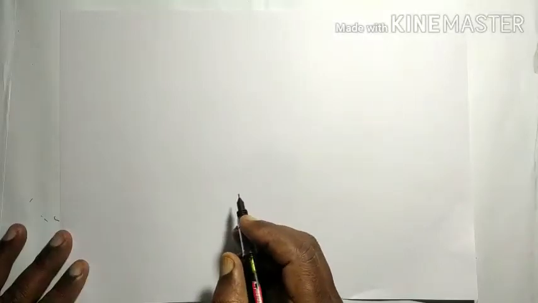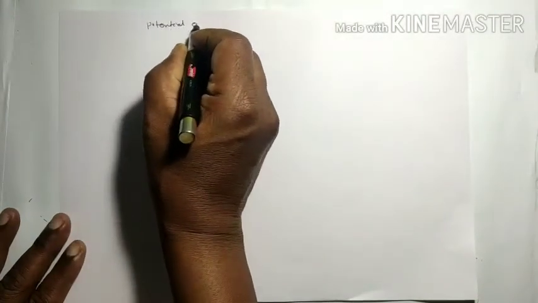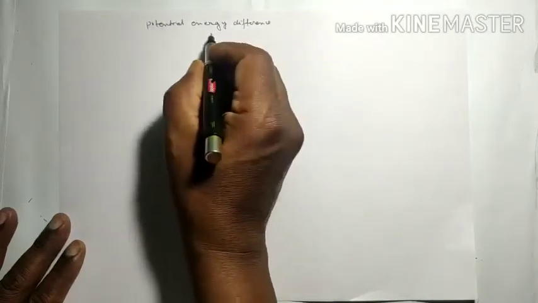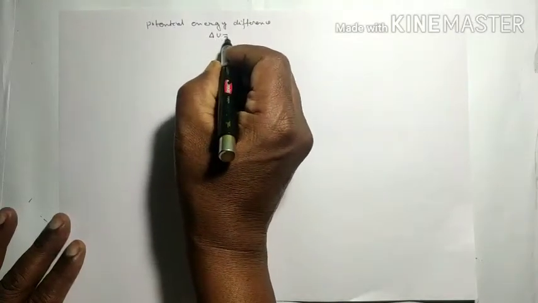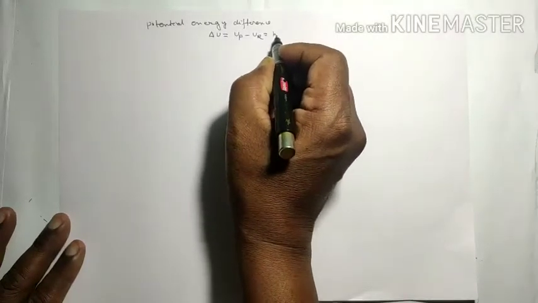Now, 2 important points to be noted. Potential energy difference delta U is equal to UP minus UR is equal to WRP.